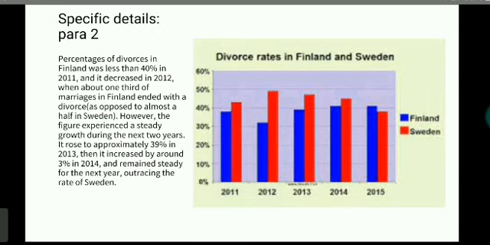And this is para number 2, specific details, and para number 4 of the complete written portion. Percentages of divorces in Finland was less than 40% in 2011, and it decreased in 2012 when about 1/3 of marriages in Finland ended with a divorce.